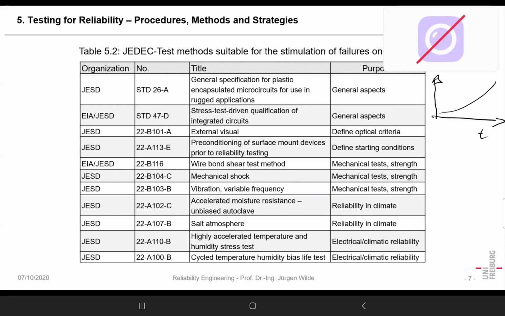Small n divided by N, and capital N is the number we had initially. So it increases. And at some point we can define a reliability which is 1 minus n divided by N, over time. And so reliability always means probability and time.